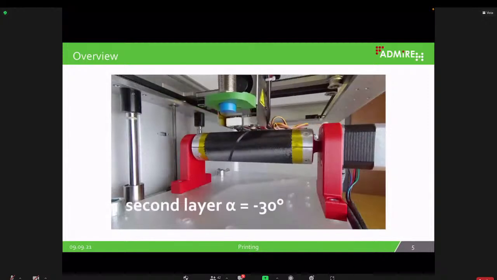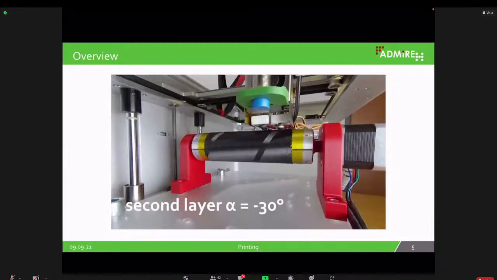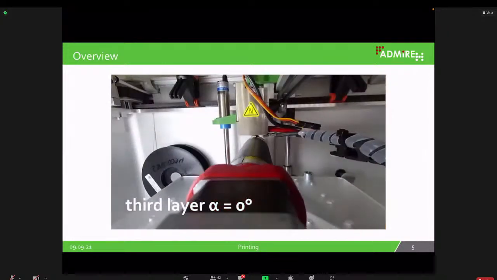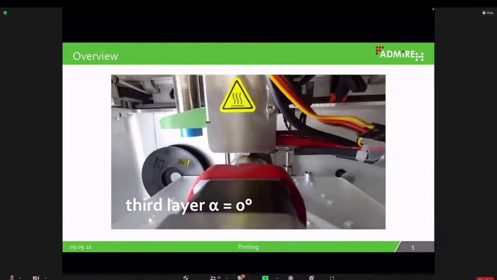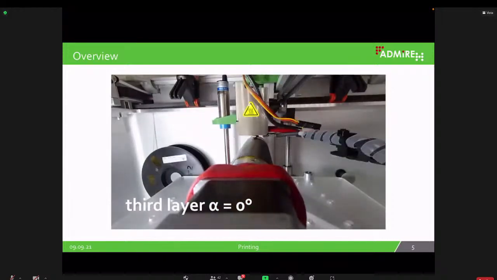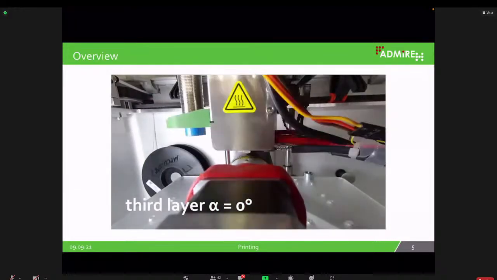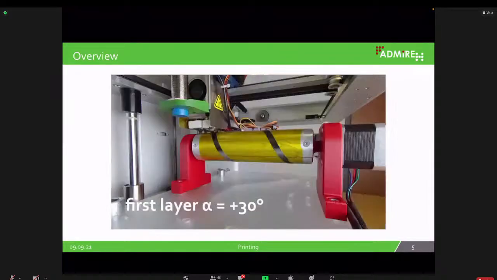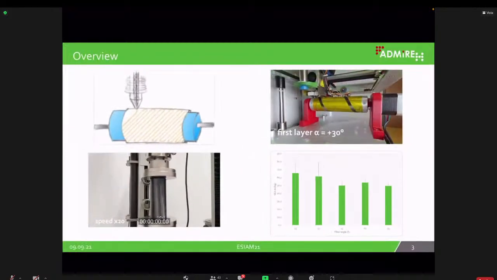Then the second layer again with a minus 30-degree fiber angle, and after that a layer with a 0-degree fiber angle, then again one with 0 degree, 3 times, and after that again plus 30 and minus 30-degree fiber angle. We manufactured 25 specimens with different layups of fiber angles from 15 degrees up to 75 degrees.